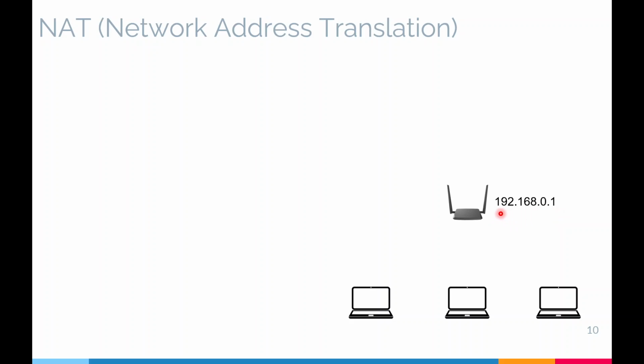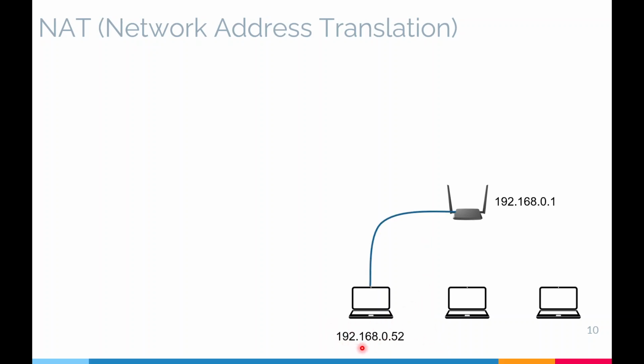This IP address is a private IP address belonging to class C. All standard routers have a private IP configured by default, and obviously you can tinker with the settings as well. Once the router has its own IP address, if other systems want to connect to it, the router assigns an IP address to them as well.